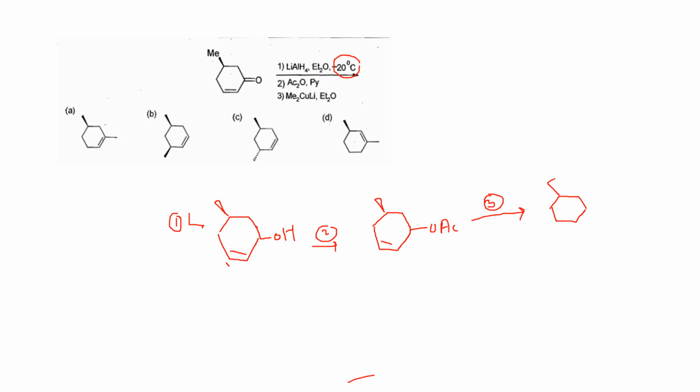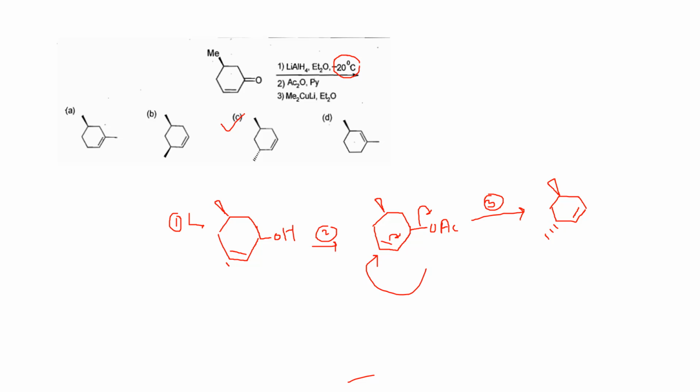So methyl is already there, so the new methyl will come from below the plane. Double bond will shift here. So methyl is coming at this position, double bond will shift here, and OH will be removed from the system. We will get this as our product. Option C. Okay.